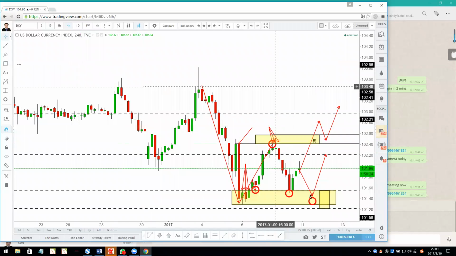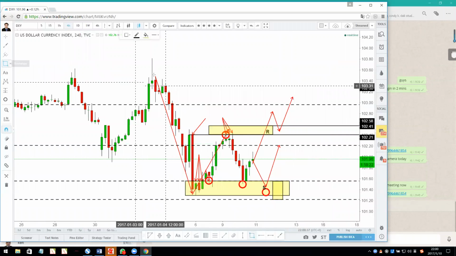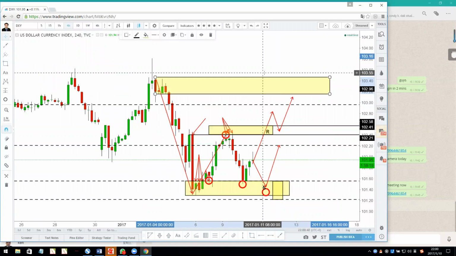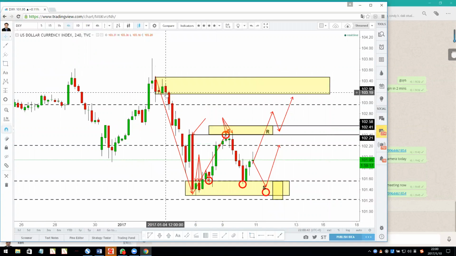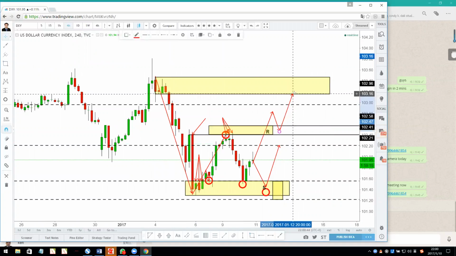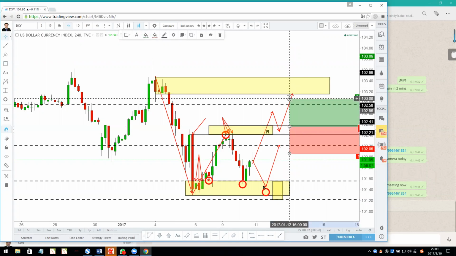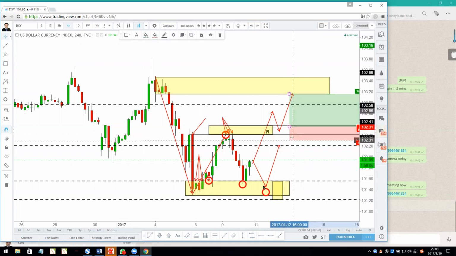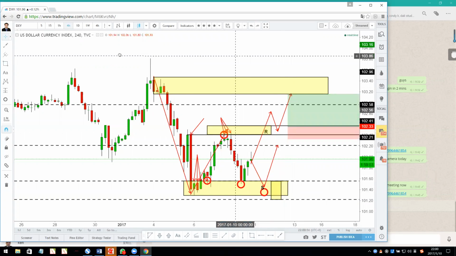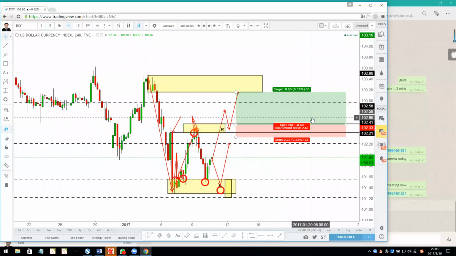My target will be like here, right? This previous support now becomes resistance. This one will be my target. And what is your risk reward? My risk reward is still good, like 1 to 2.61, right?